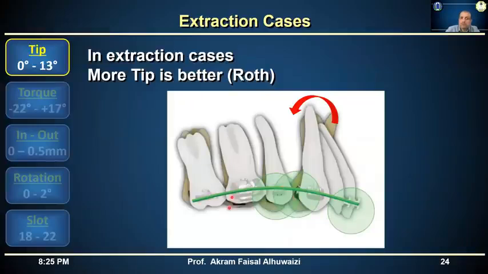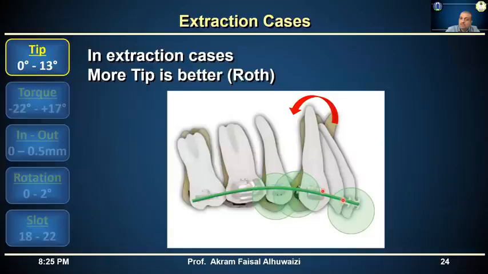So in this case, Roth brackets are beneficial because the canine has a built-in tip of 13 degrees. That's 5 degrees more than the 8 degrees of MBT brackets. Even the anterior teeth have more tip. So that's where you actually need these Roth brackets.